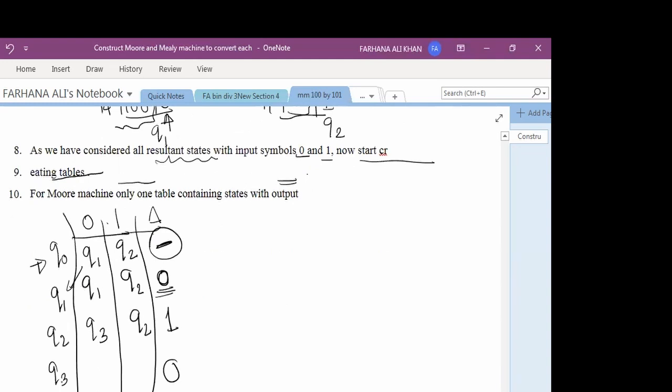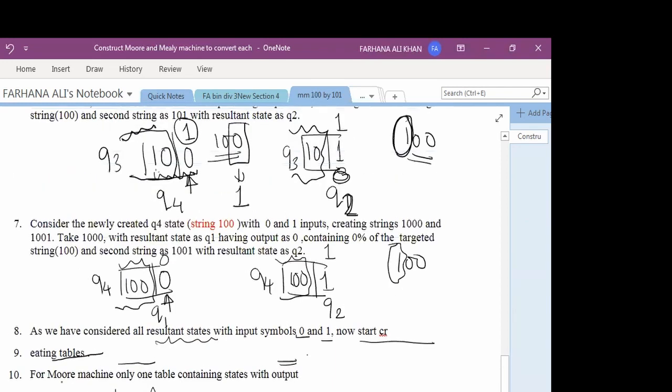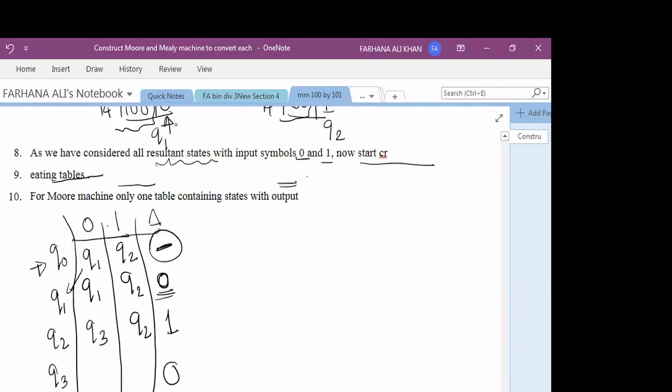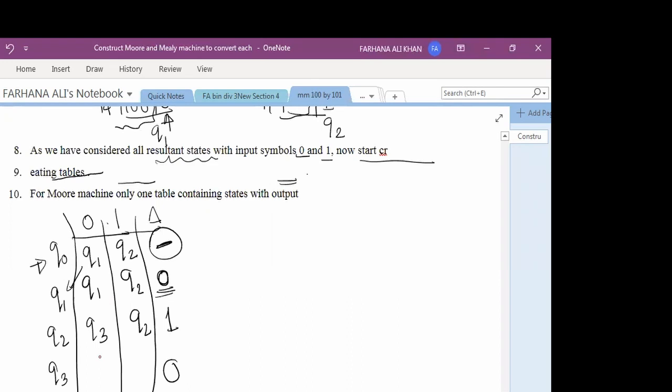Now we have the new state Q3. Where is it going? This is our Q3 with the next input as 0, going to Q4, generating Q4 with the output 1. So Q3 on 0 goes to Q4, and Q4 generates output 1, so we can write output 1 here.